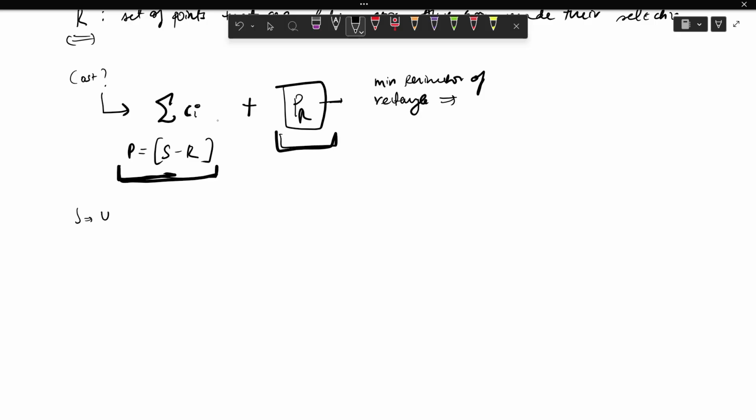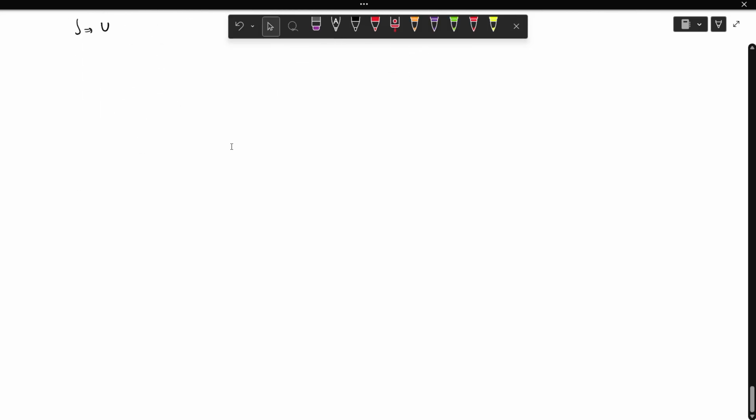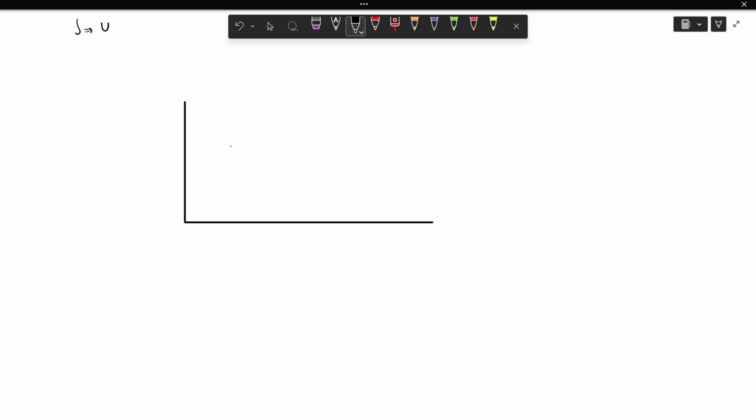This is something that can be easily calculated from the leftover set. But how do we think about choosing a minimal perimeter? One thing we can observe is that, let's say we have a particular set of coordinates that are left, something like this. How do we form a rectangle such that it provides a minimal perimeter and covers all the points?